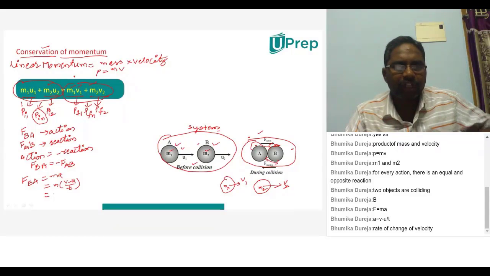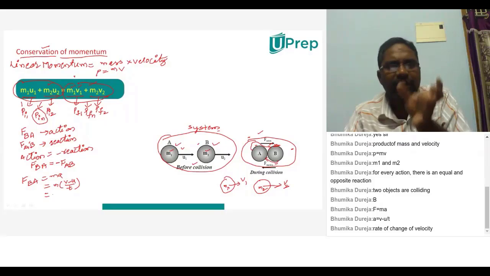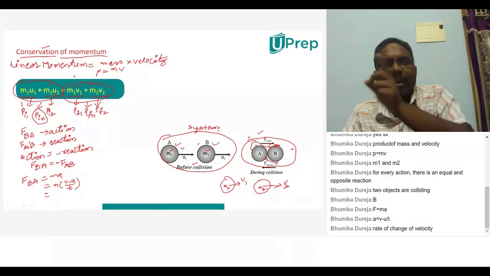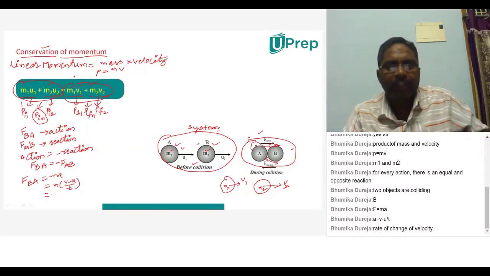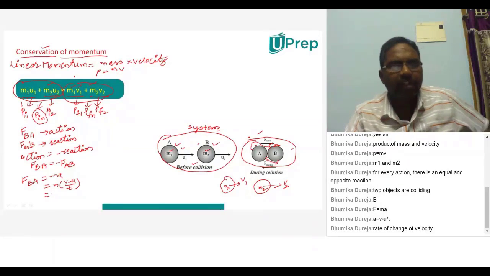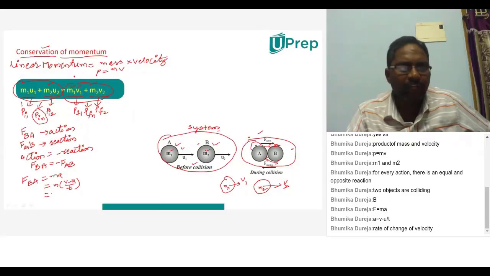Have you understood it? Here, what is the general equation? M into V minus U by T. What is M? Mass of the object. Which mass do I have to write? Whether mass of the second object I have to write or mass of the first object I have to write here. Arnav, have you understood here? Which mass I have to write? Whether mass of object B or mass of object A. Are you there, Arnav?